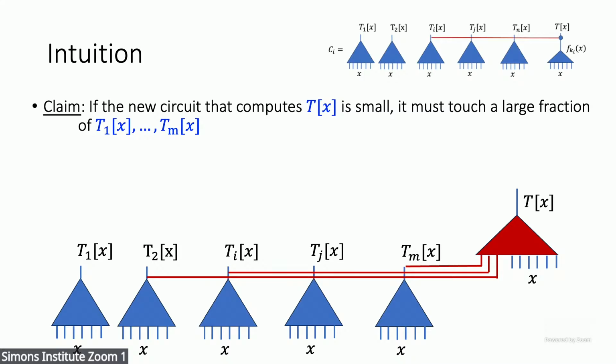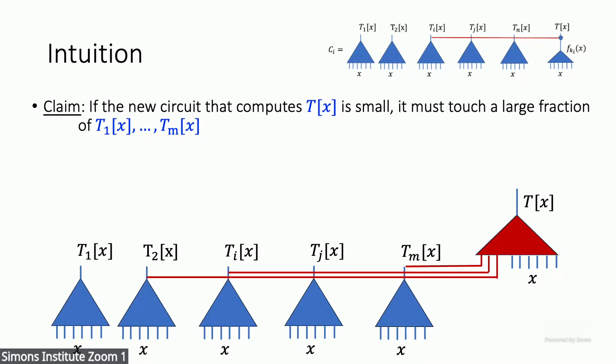And if this is small, it means that this circuit must touch each one of the indices, the small circuits here. Otherwise, the obfuscation will not work. And if this touches these M circuits, it means that this circuit must be large, at least of size M, because it touches all of them. So this is going to be the clue.